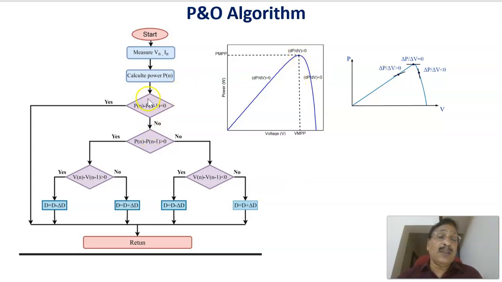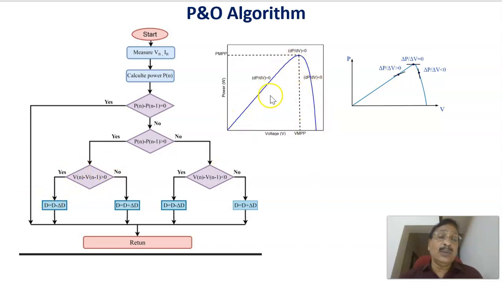Now, if there is a difference between the previous power and the present power, for example, if present power is more than previous power, delta P is positive, that is operating in this region. Now we have to see what is delta V, the change in voltage. If the present voltage is more than the previous voltage, delta V is positive, then it comes here. Therefore, delta P is positive and delta V is positive, delta P by delta V is positive, that is in this region.